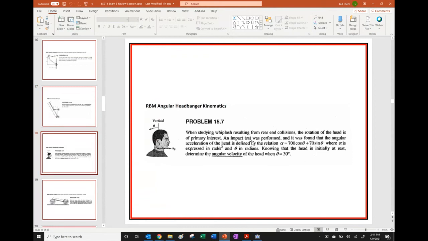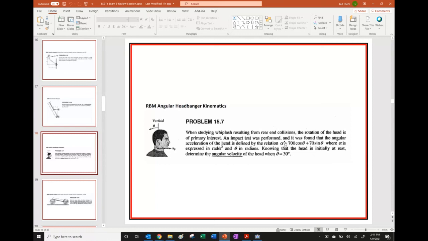When studying whiplash resulting from rear end collisions, the rotation of the head is the primary interest. I would think so. An impact test was performed, and it was found that the angular acceleration of the head is defined by the relation alpha equals 700 times cosine of theta plus 70 times the sine of theta, where alpha is in radians per second squared and theta is in radians.